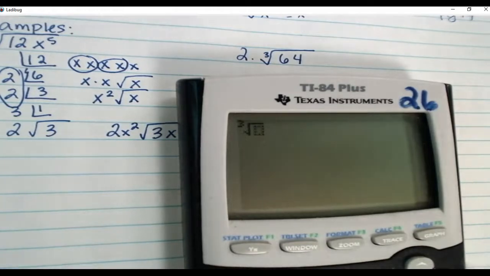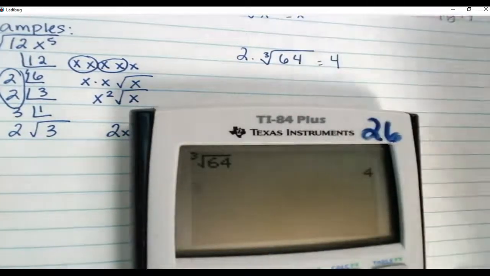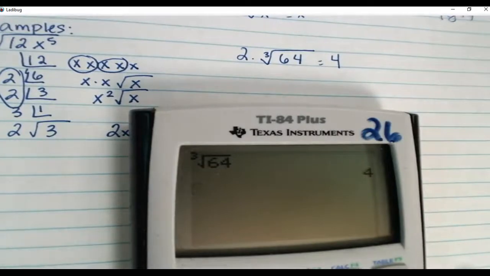So Math, number 4, and then we're typing in 64. And it is a perfect cube. So our answer would just be 4. Just like there are perfect squares, there are perfect cubes.